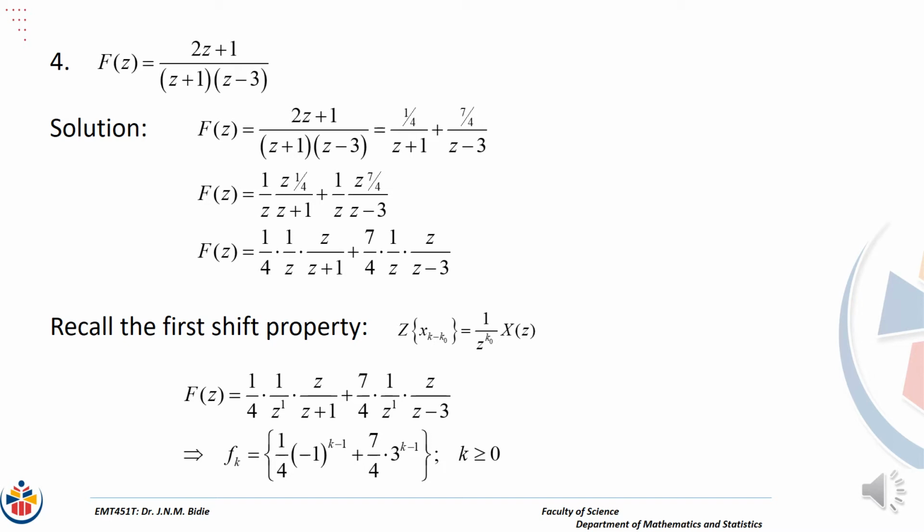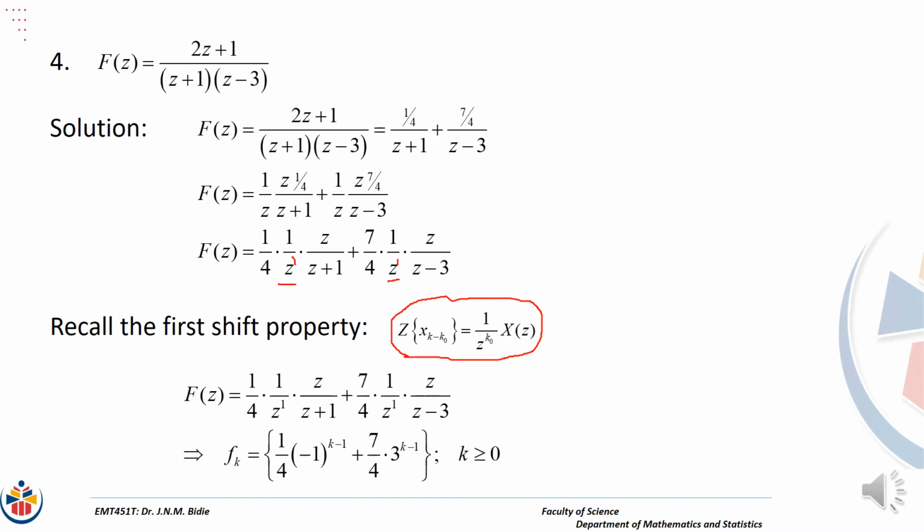So now we end up with a 1 over z in both terms, and therefore we have to recognize that we end up with the first shift situation. Therefore, the power of z is 1 in both terms, because we've got 1 there and we've got 1 there. So that means the value for k naught is 1.